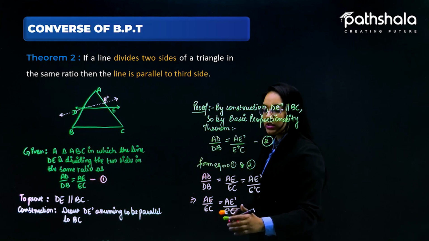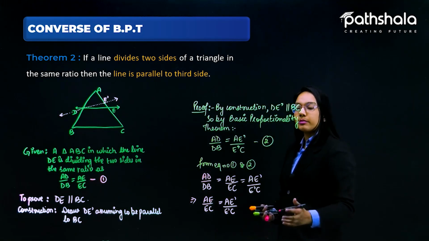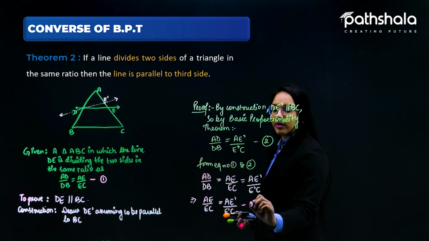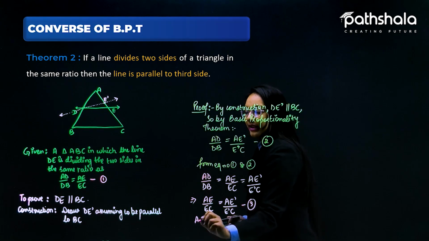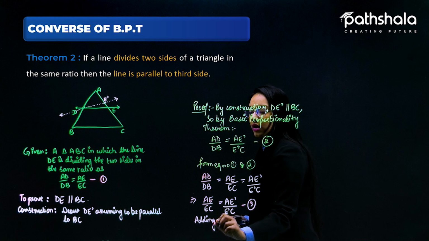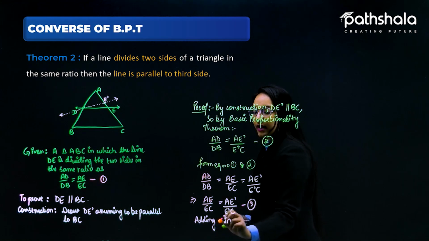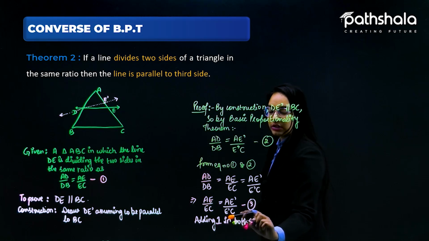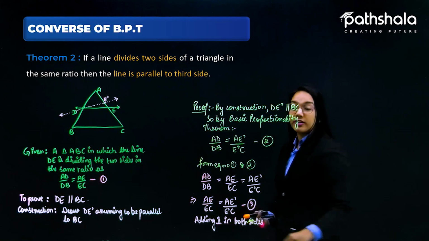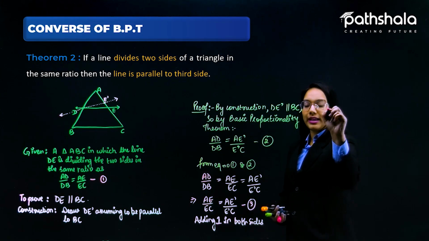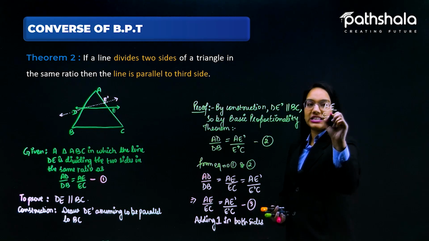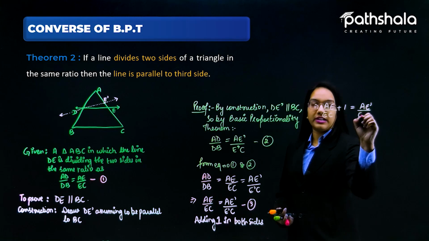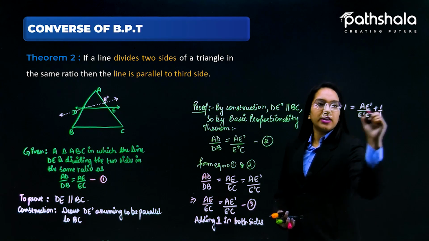Let us call this the third equation, and add 1 on both sides of this equation. So this would be AE by EC plus 1 is equal to AE dash by E dash C plus 1. Let's sort it out.